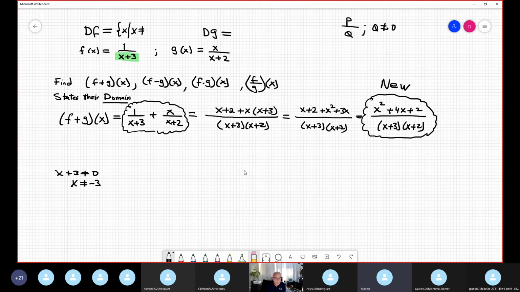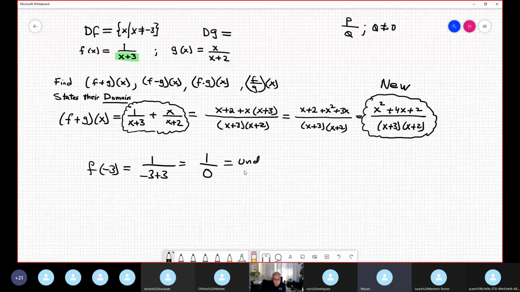Because what happened at negative 3? I know that negative 3, when you plug it into the function, so f of negative 3, look, you put 1 over negative 3 plus 3, and negative 3 plus 3 is 0, and division by 0 is totally undefined.